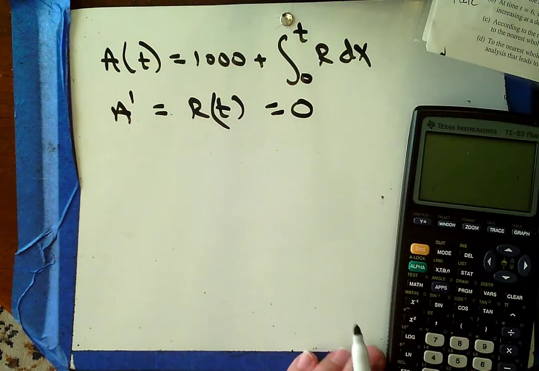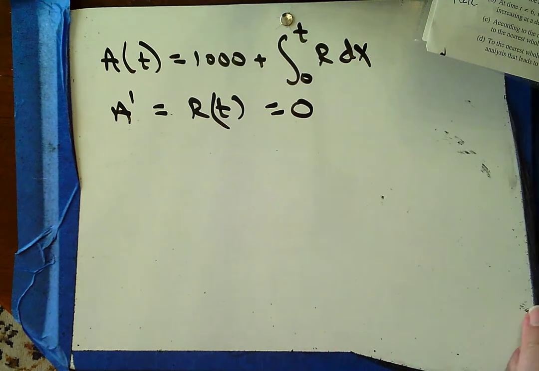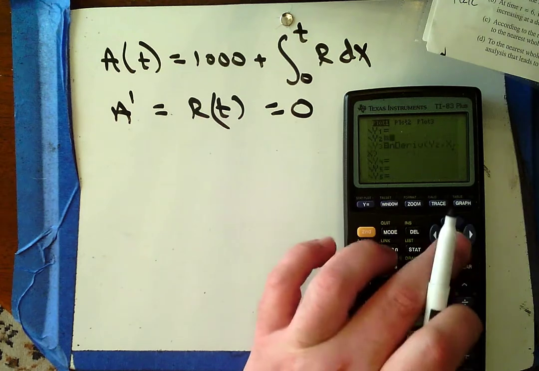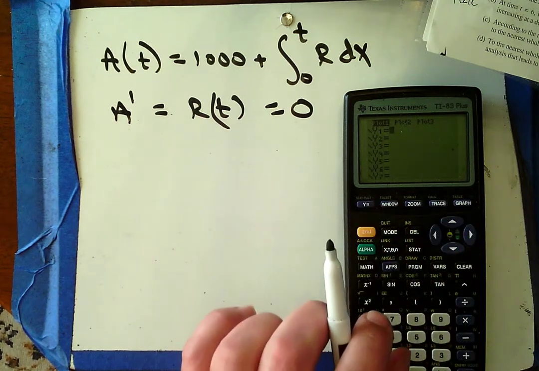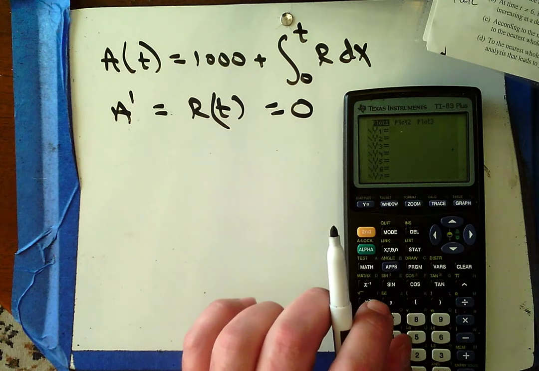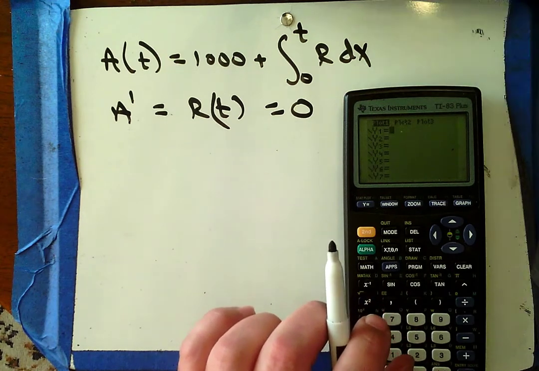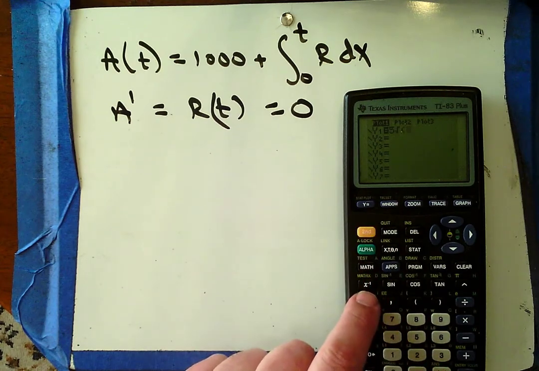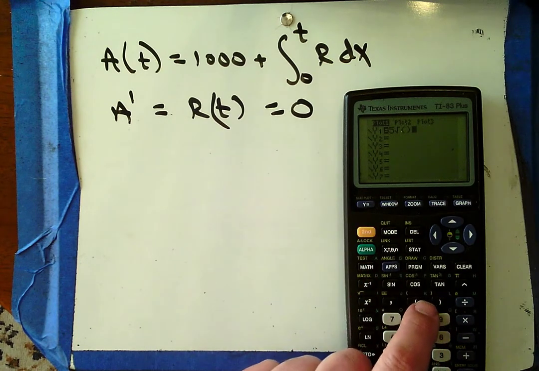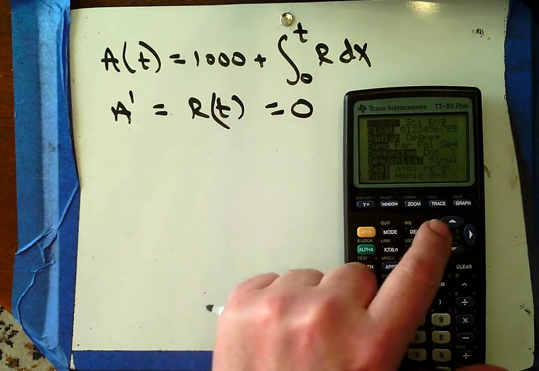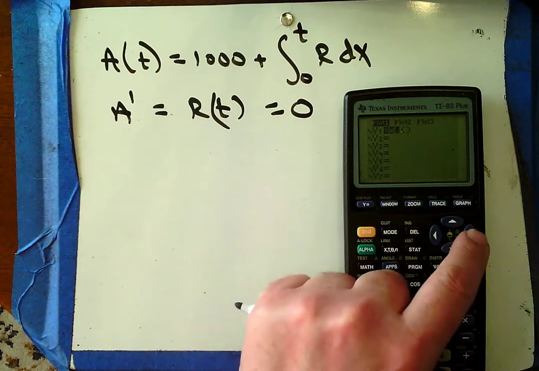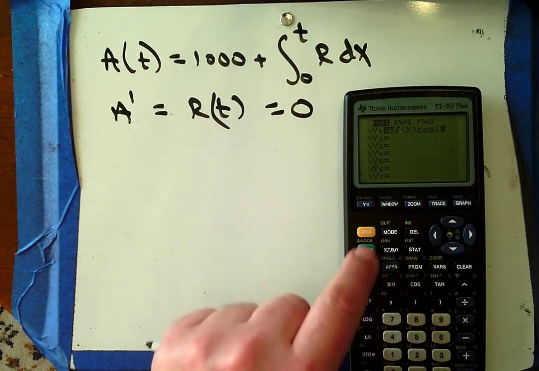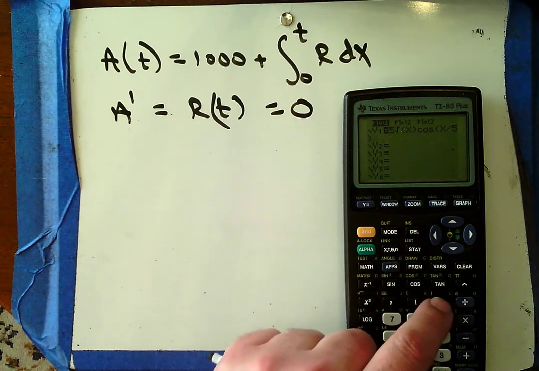Well, if I go about graphing r of t on my calculator, r of t is given by this function, 5 square root, close parentheses, cosine x divided by 5.